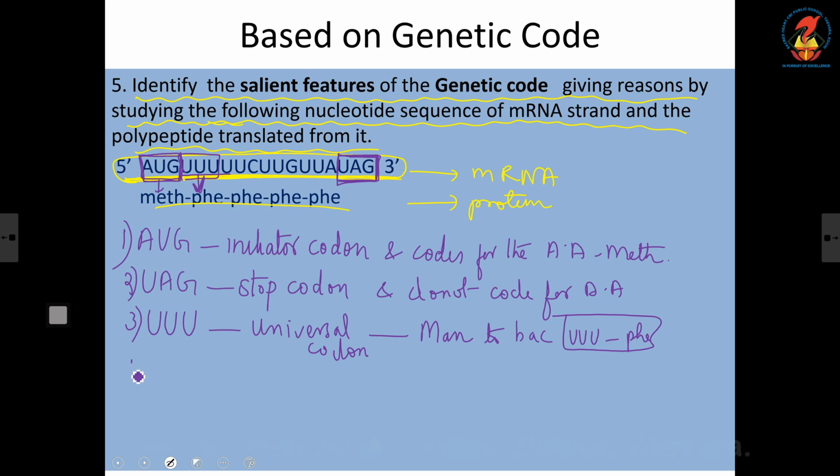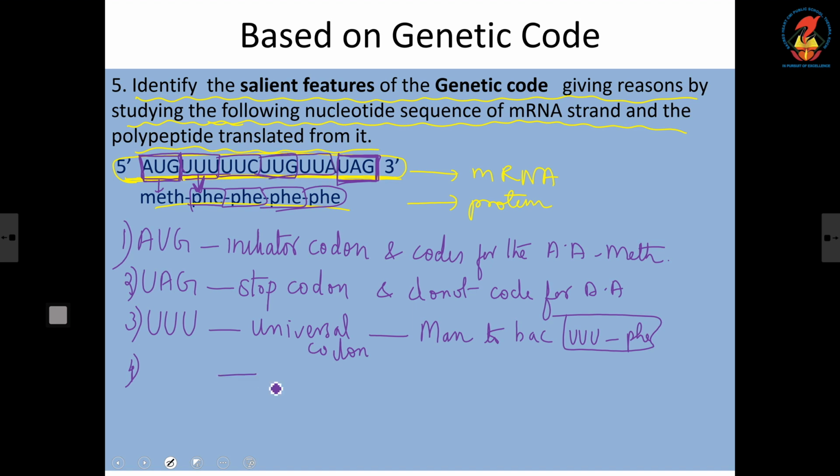Then another feature you can see is, you look at this, the same amino acid phenylalanine is coded by different codons. Look at the codons UUU, UUC, UUG, UUA.